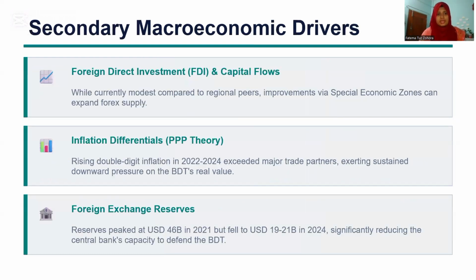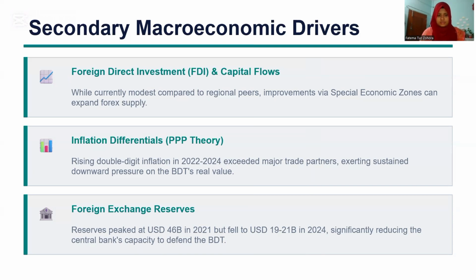Secondary macroeconomic drivers. Foreign direct investment and capital flows, while currently modest compared to regional peers, can expand forex supply through improvements via special economic zones. Inflation differentials, PPP theory: rising double-digit inflation in 2022 to 2024 exceeded major trade partners, exerting sustained downward pressure on the BDT's real value.